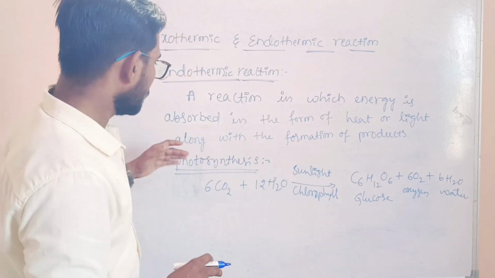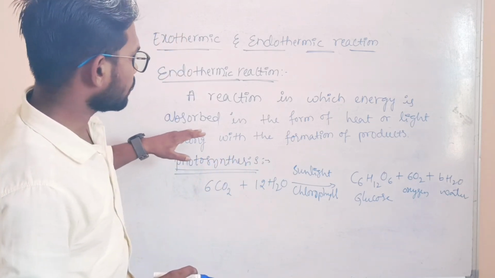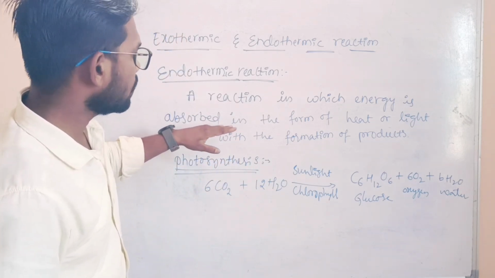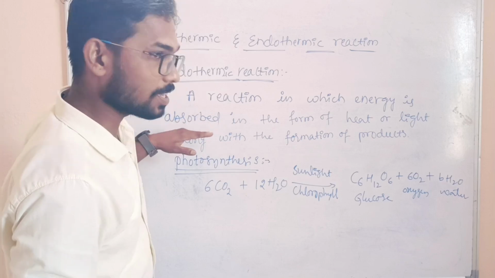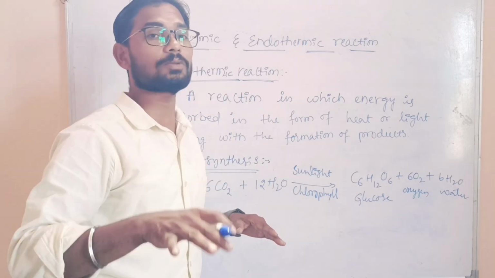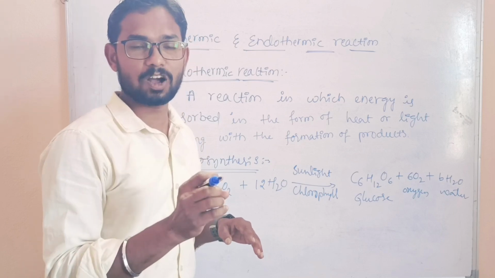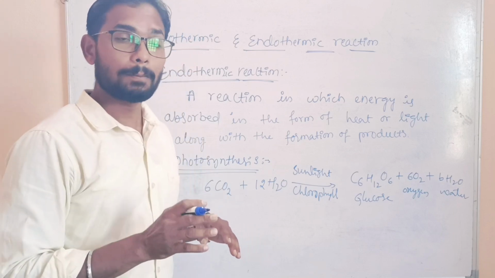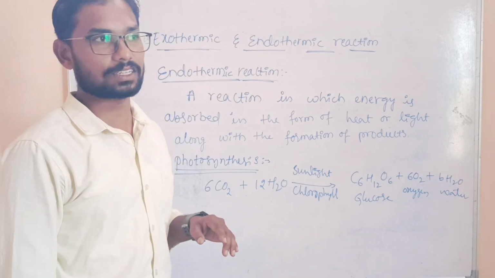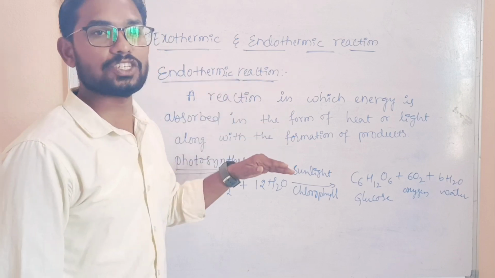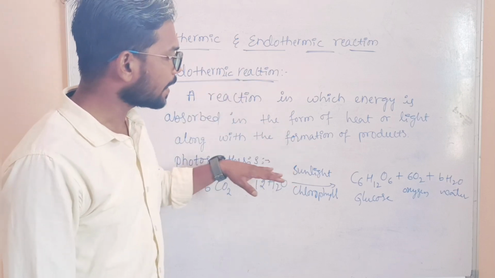So here, energy is released, sorry, energy is absorbed. Energy is released means that is exothermic reaction. There we are releasing the energy in the form of light, heat. But in the case of endothermic reaction, we are absorbing the energy in the form of light or heat.